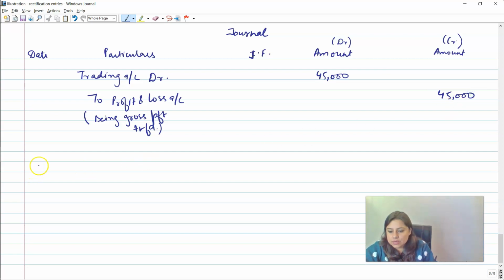All right, now coming to the next entry, so we have the salary. All the expenses would be, so the profit and loss account would be debited, and the expenses would be credited in their respective accounts.